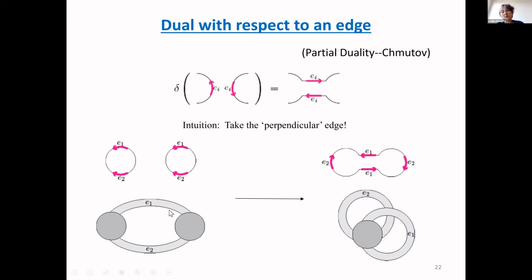So here's an example. This is this graph, and there's its disk representation. I'm going to take the dual with respect to E1. So in order to do that, I first need to rotate those two disks so that the E1s are facing each other, like I have up here in the general diagram.